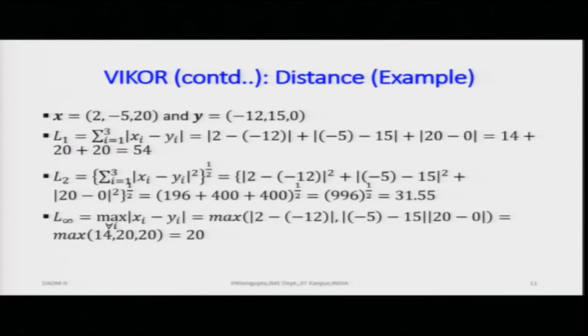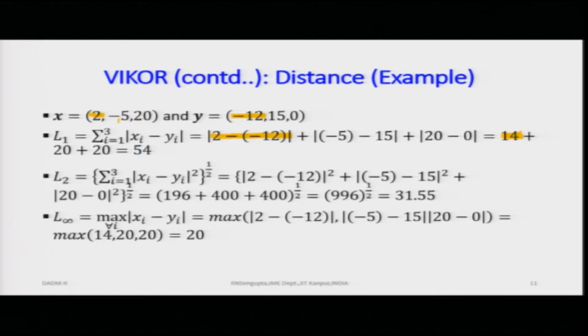So, for i equal to 1, 2, 3, you find out the difference. I will put a color scheme here, so it is much easier. The first one is 2 minus minus 12, the mod of that is 14.